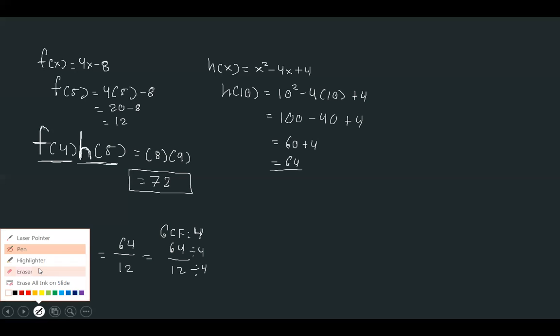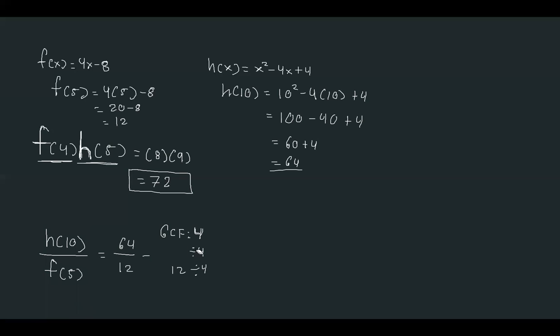Wait, I think it's better to write it on. Yeah, there we go. So we're going to divide each of these numbers by 4. That's it. All right. So what would be the result?